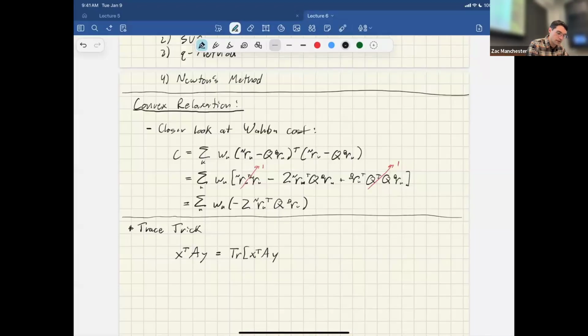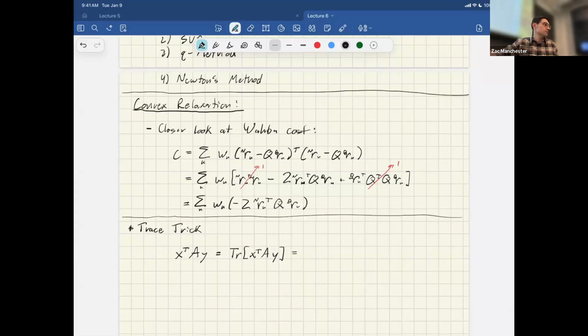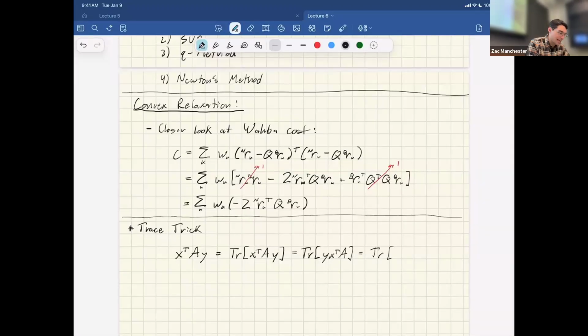That's a legal move. Then inside a trace, I can arbitrarily permute the stuff inside and it doesn't change the answer. I can cyclically permute these entries. So this is equal to trace YX transpose A. It's also equal to trace A YX transpose.